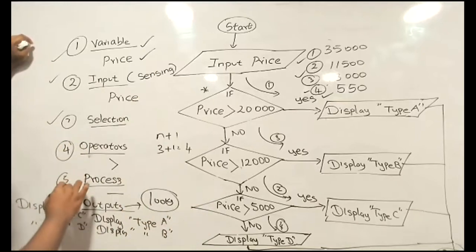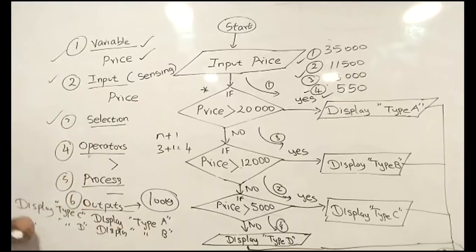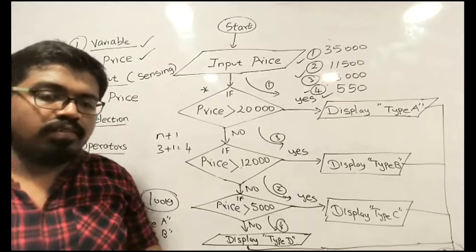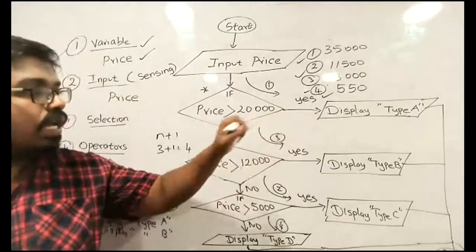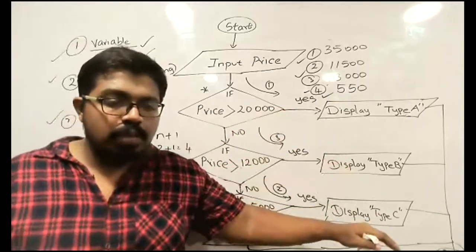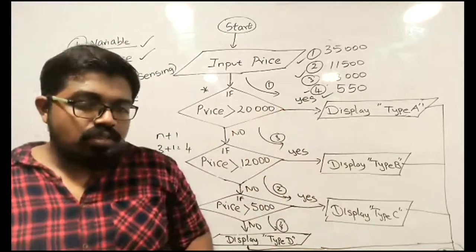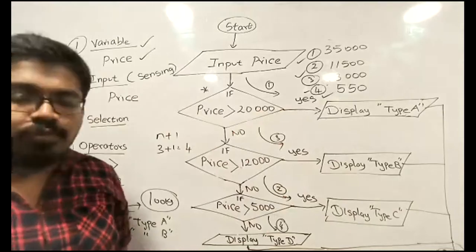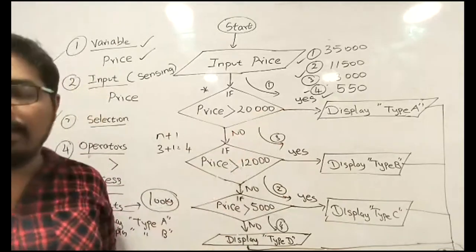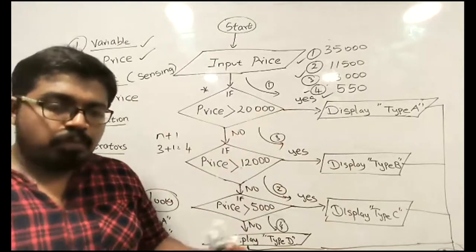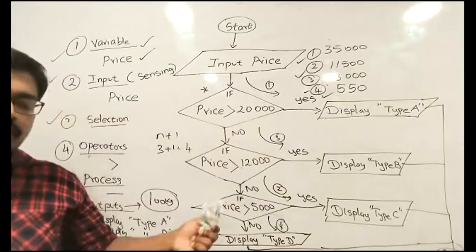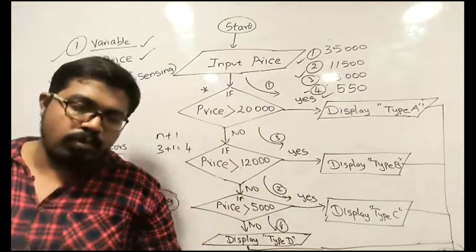There is no process. Output: there are 4 options available, type A, type B, type C, and type D. Right? So that is the simplification of our flowchart for the process of converting the flowchart into a Scratch program.